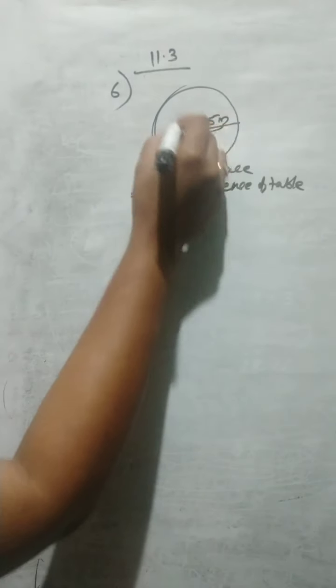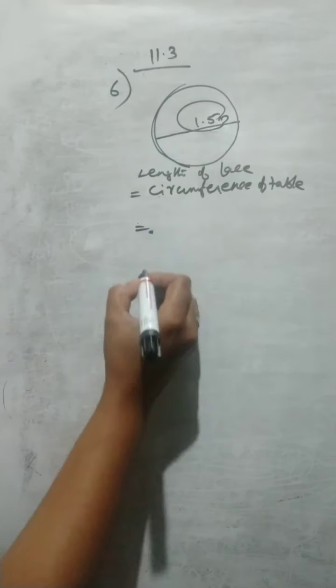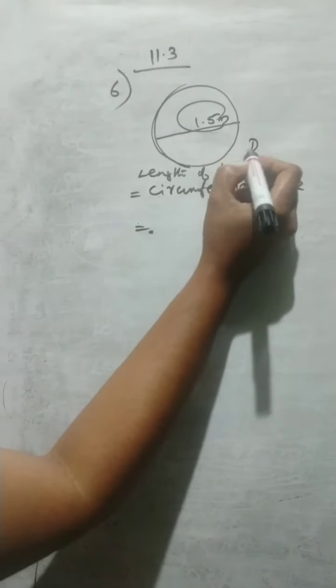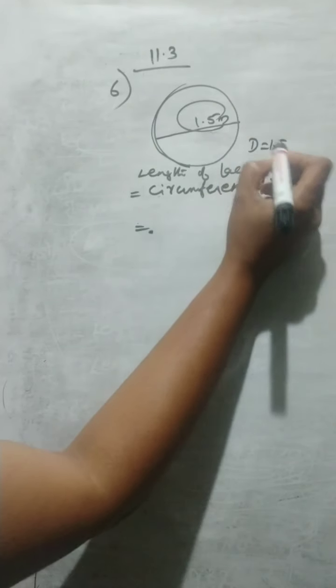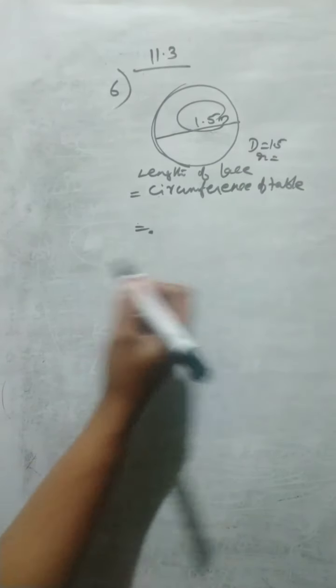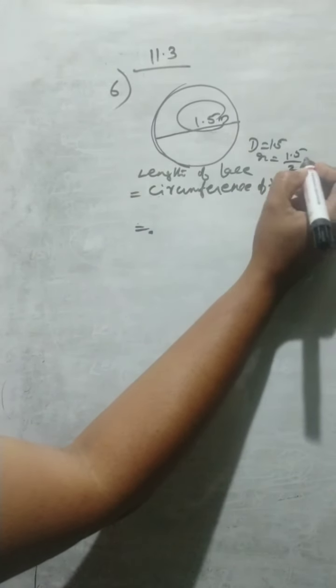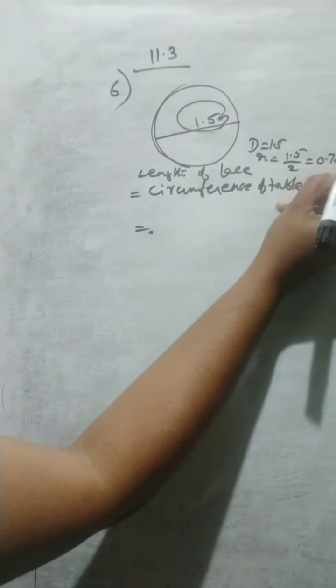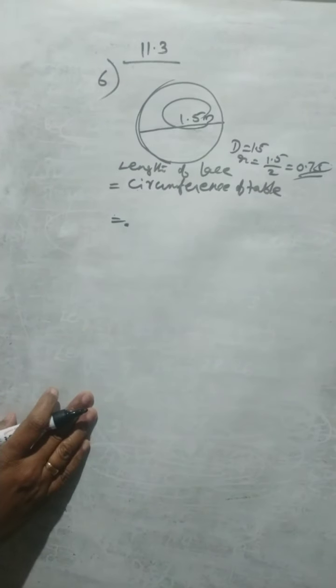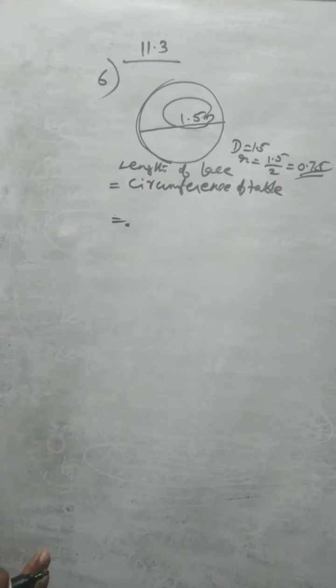Here 1.5 is given, so diameter is equal to 1.5. We have to find the radius, or the diameter also we can use. Then 1.5 by 2 is equal to 0.75 meter.